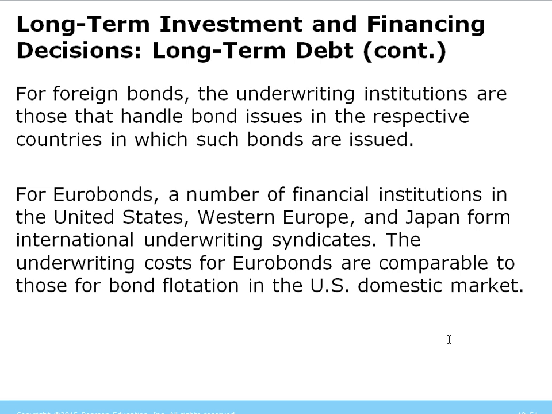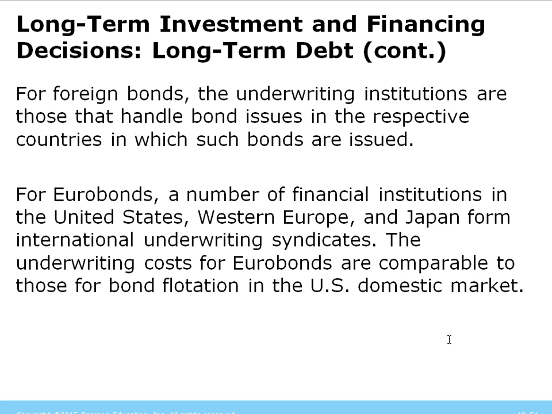It's a long story. But anyway, long-term investment and financial decisions. So if we look at long-term debt, for foreign bonds, the underwriters in the different countries that they're issued in have their own unique ups and downs and their own rates of interest and risks.